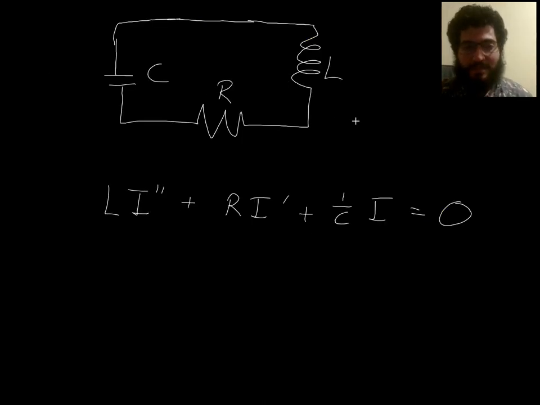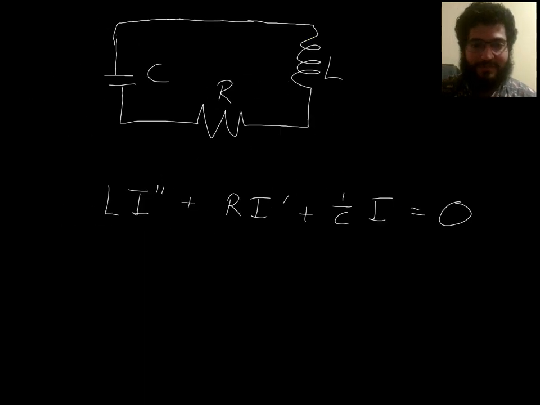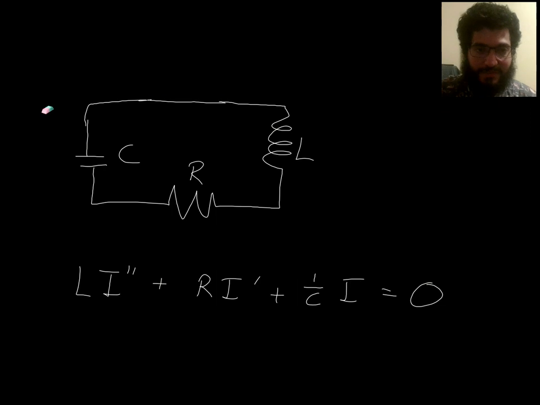Here's another example. This is another physical situation, this RLC circuit, where we ended up with one of our second order linear homogeneous differential equations with constant coefficients, right? And here there was no power source, but that was just something we artificially deleted. It previously was there in what we were imagining.